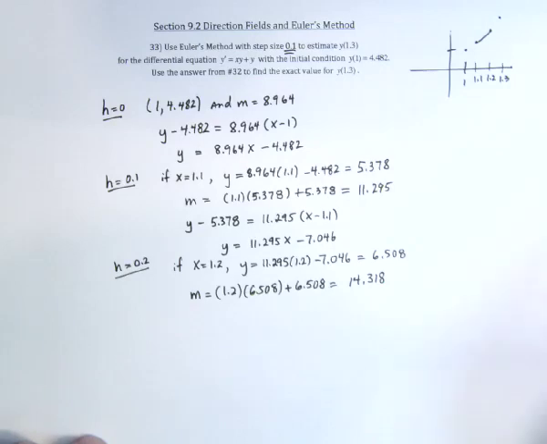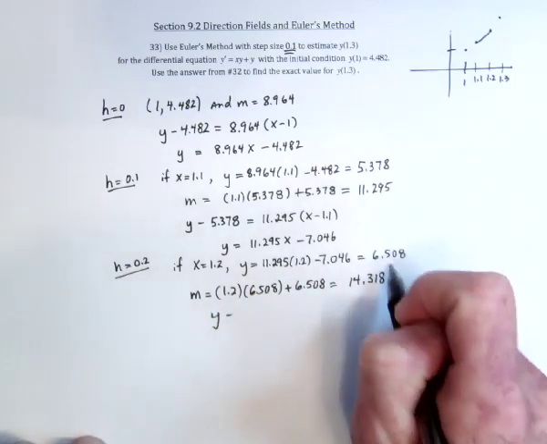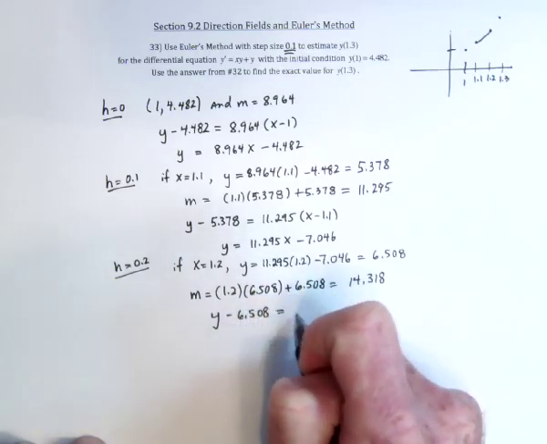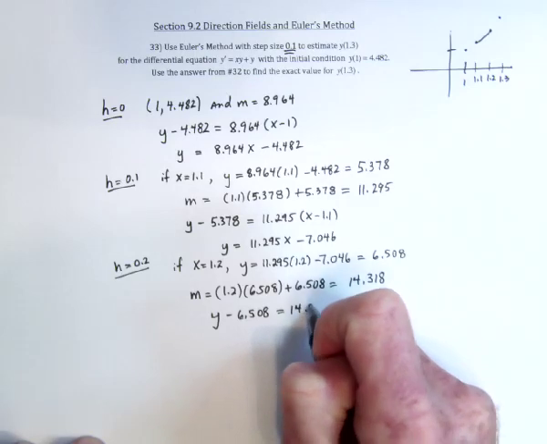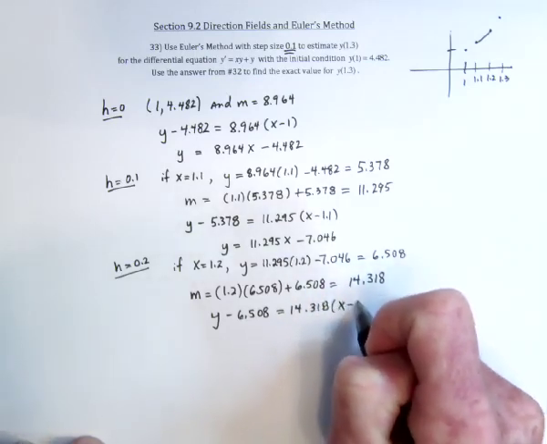Alright, we're almost done. Do the point slope formula again. So y minus the y value equals slope times x minus the x value.